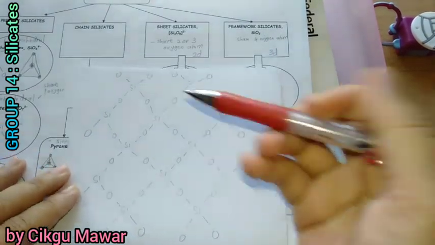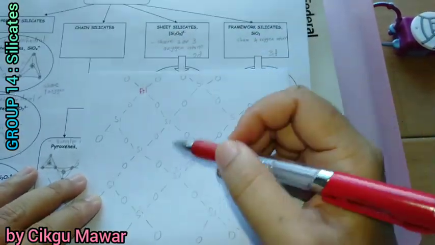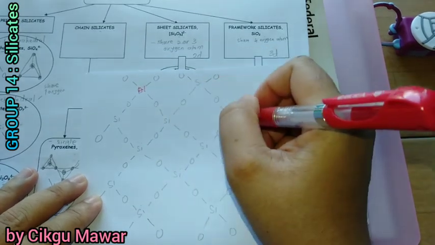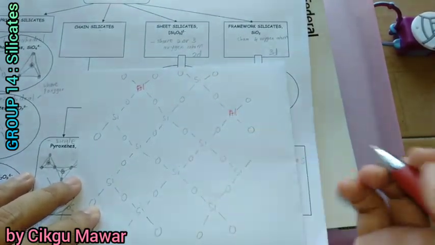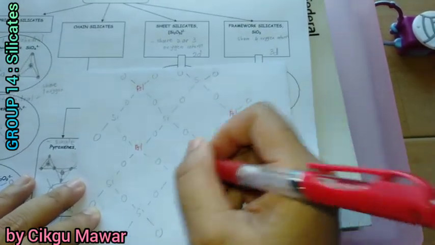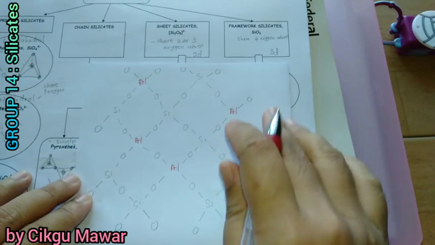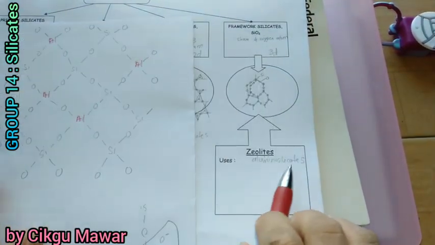If you can see here, some aluminium is located in the structure of the framework silicate. So it may also contain aluminium here and aluminium here. So this we call zeolite or aluminosilicate.